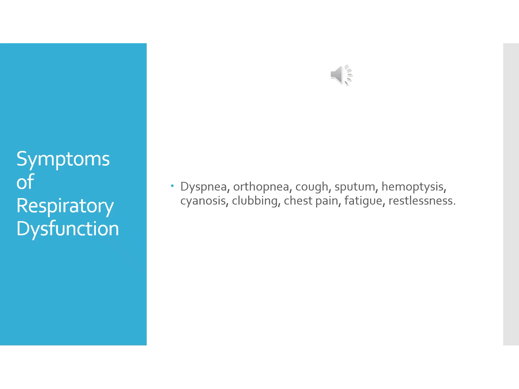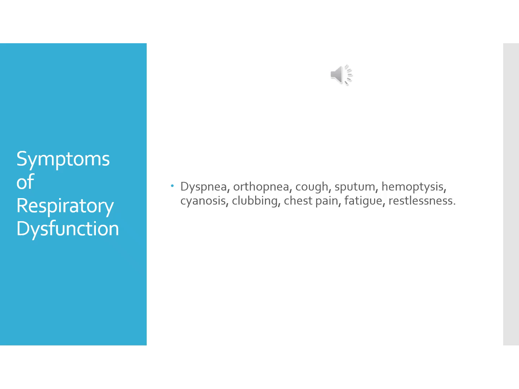They may have chest pain, so sometimes this is related to a pleuritic cause, so infections in the pleural space of the lungs, that pleural lining that's around the lungs. That can happen when there is pneumonia or infection in that area.